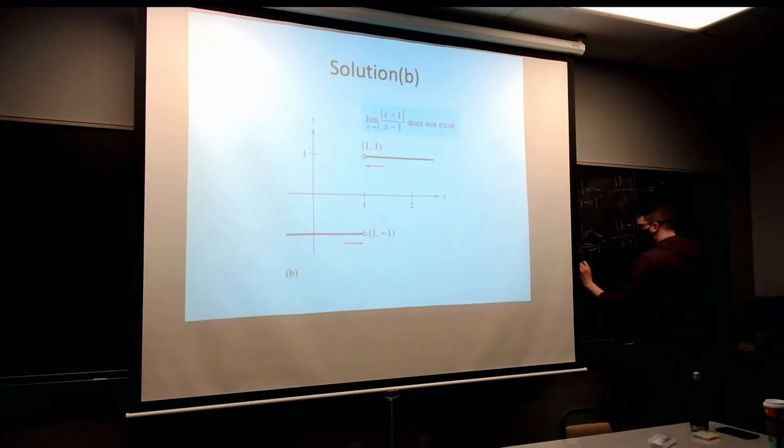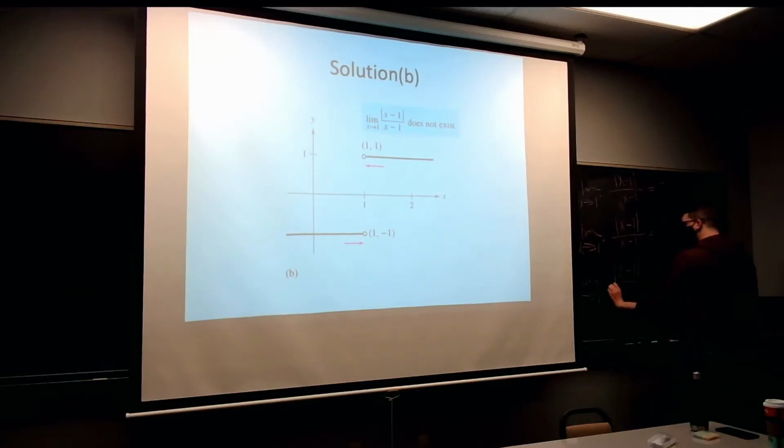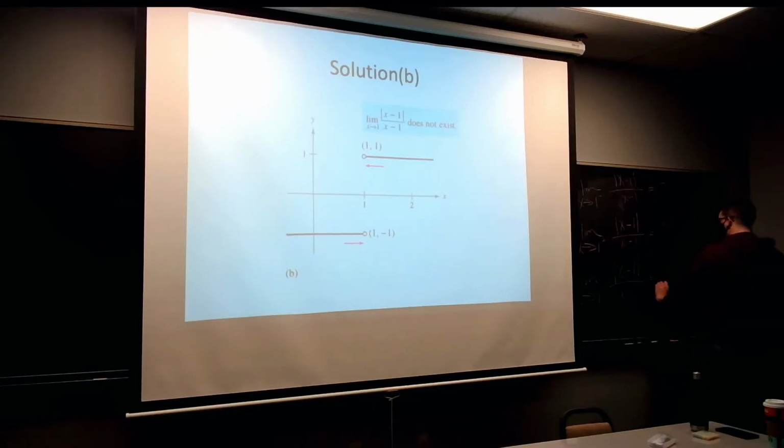And the limit as x approaches 1 of the absolute value of x - 1 over x - 1 does not exist.